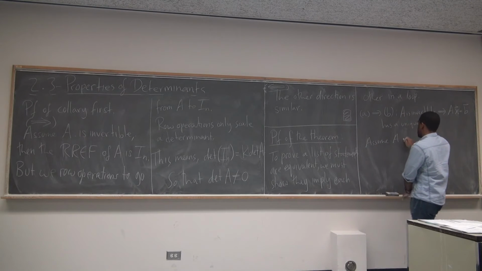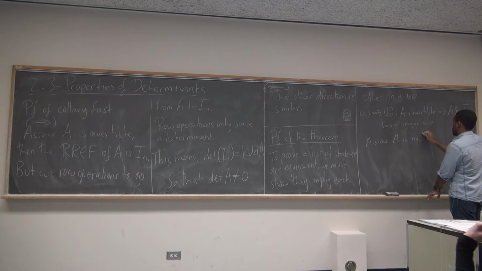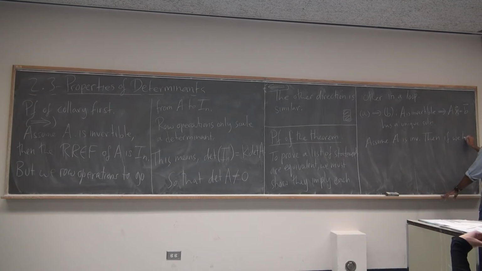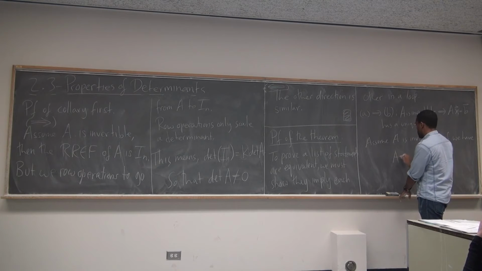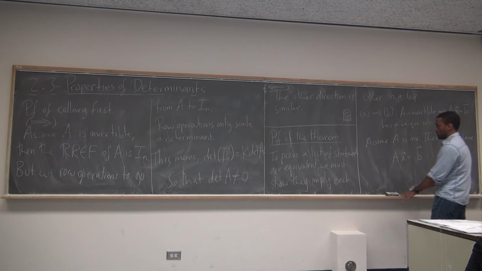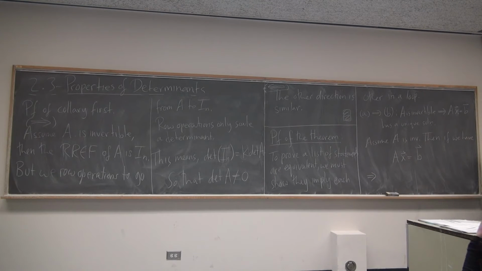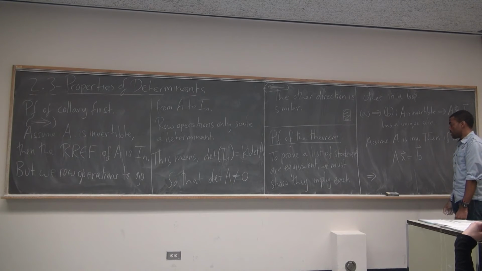So assume A is invertible. Then, if we have AX equals B, what I can do is, A is invertible, which means its inverse exists. I can multiply both sides of the equation by the inverse on the left.